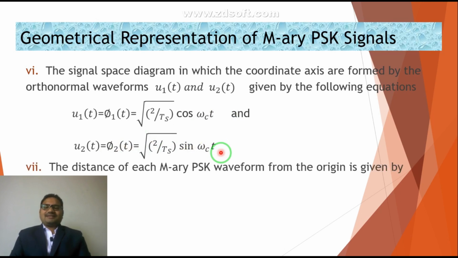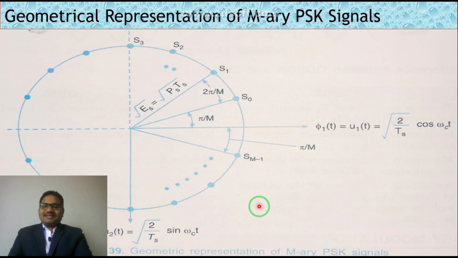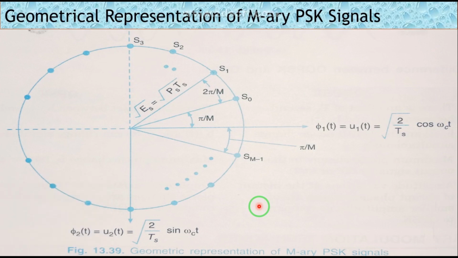Now the distance of each M-ary PSK point from the origin is square root of Es. What is Es? The energy per symbol, represented by Ps times Ts. Remember, we use S here, not B, because it is for a duration of Ts. So this is the geometrical representation of the M-ary PSK signal.